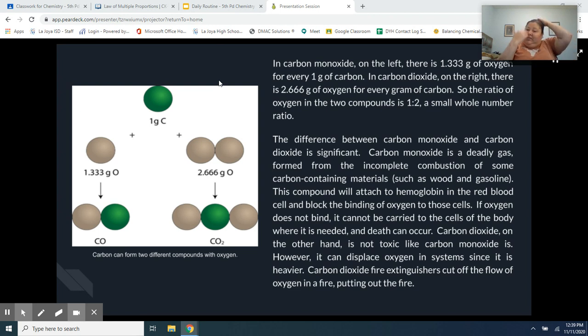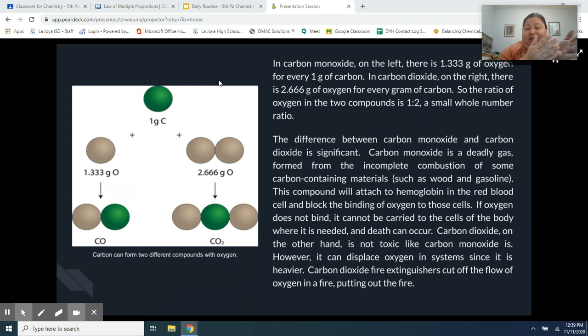Every time we breathe in oxygen, it travels in our blood by binding to red blood cells, where it travels to every single cell in your body so that you can live. If that gets blocked, and carbon monoxide blocks that, oxygen doesn't get to your cells, eventually you die.